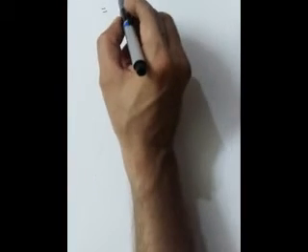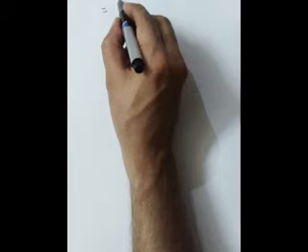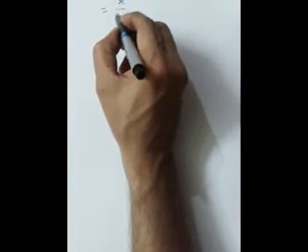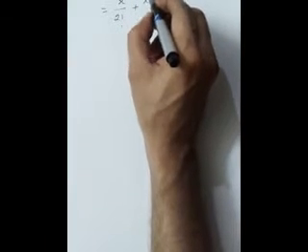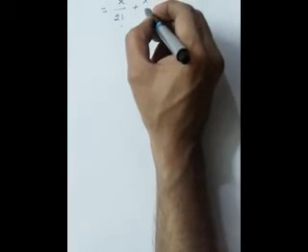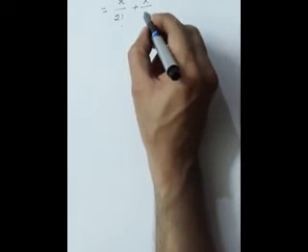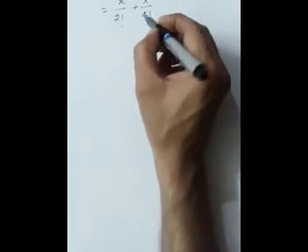This is equal to x square over 2 factorial plus x power 4 over 4 factorial.